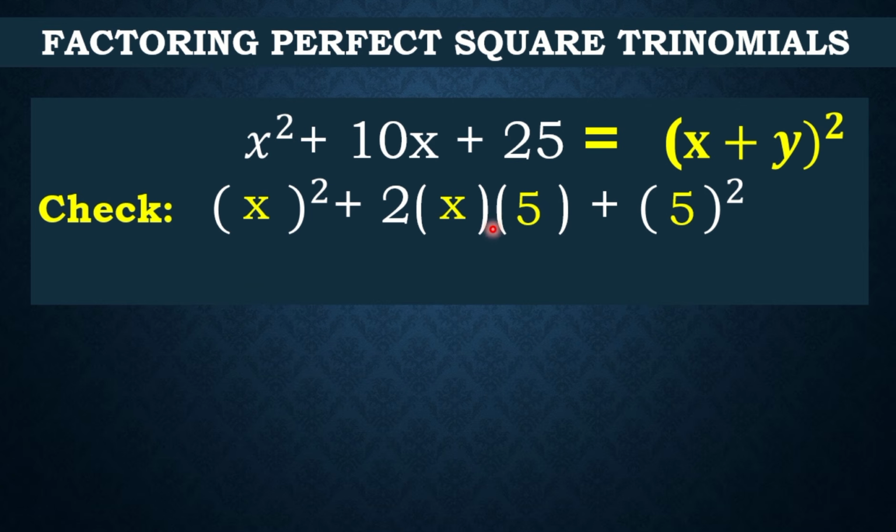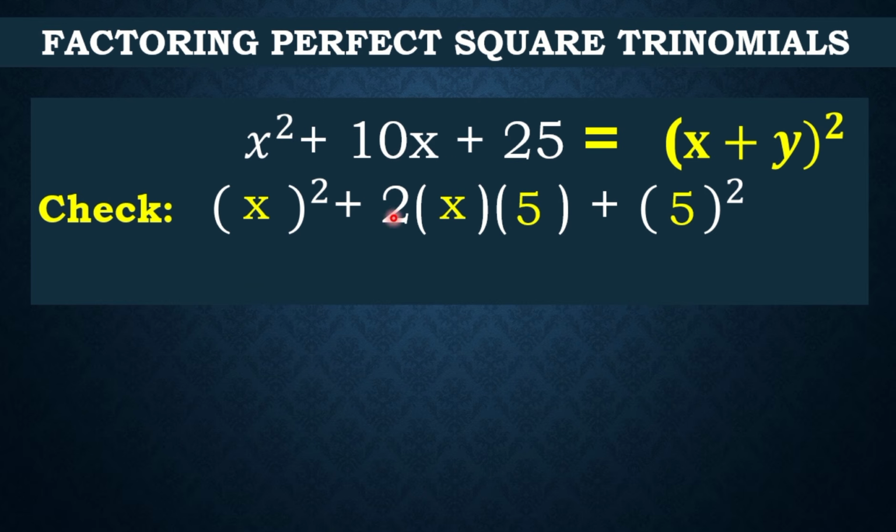Twice the product of your first and last term. So, check muna tayo ha, kasi dapat yung middle term mo mag-satisfy dito. So, 2 times 5, that is 10 times x, 10x. Or 2 times x, 2x, times 10, 10x.